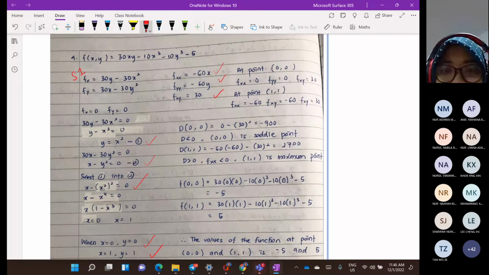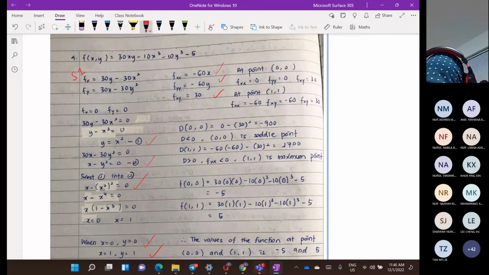Lepas tu dia buat cari yang second derivative untuk stationary point satu lagi pula, dia substitute, dia dapat fxx equal to negative 60, fyy equal to negative 60, fxy equal to negative 30.